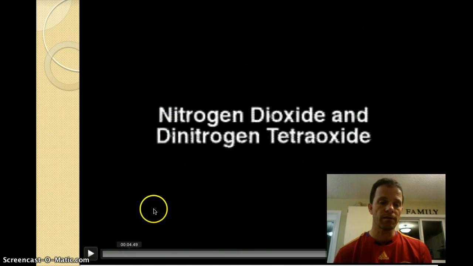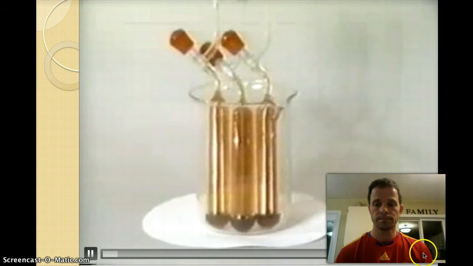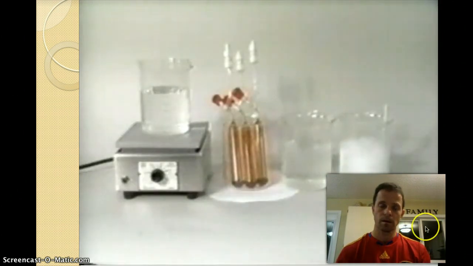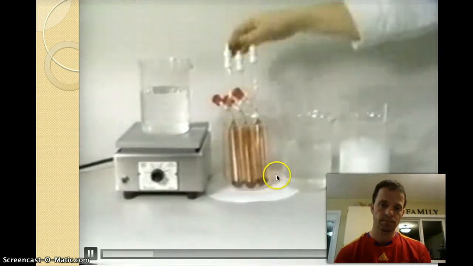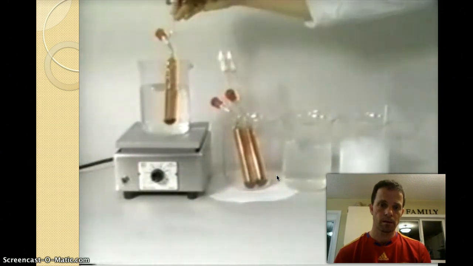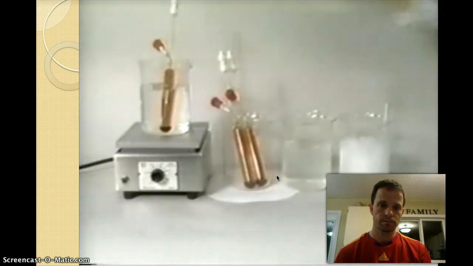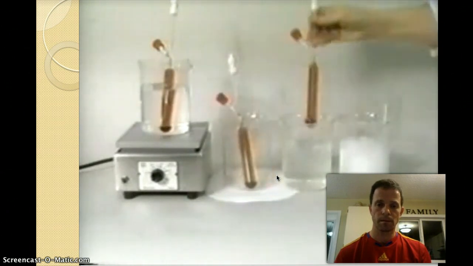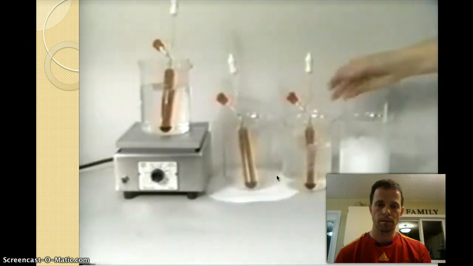Here's an example of a demo showing you temperature change. We start this experiment with 3 tubes containing red-brown NO2 and colorless N2O4 in equilibrium. First, one tube is placed in hot water. A second tube is placed in cold ice water.